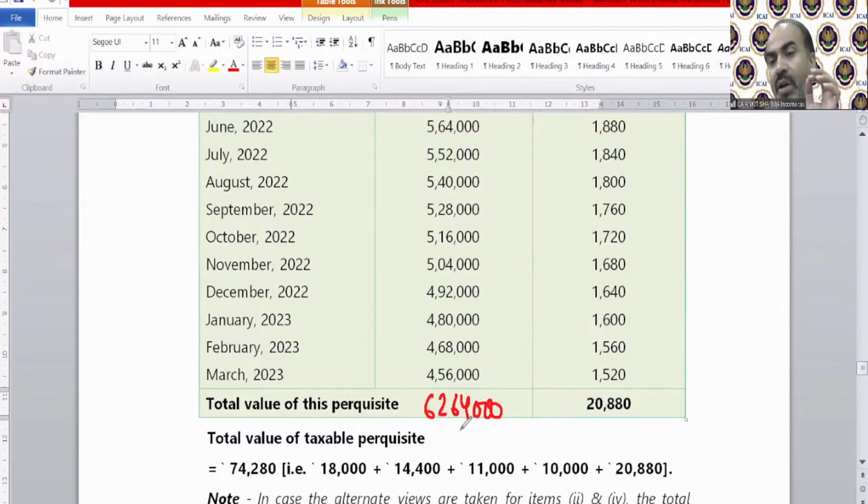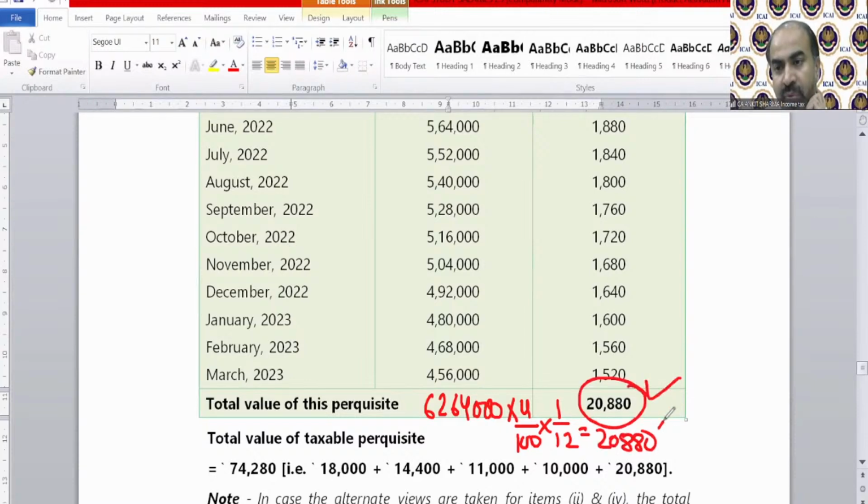That's the total outstanding balance of each month, the total of this column. Now just apply the rate on this value, 4% into 1 by 12. That will come to 20,880. Same, done.